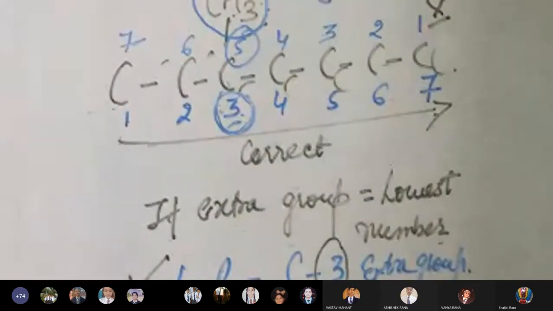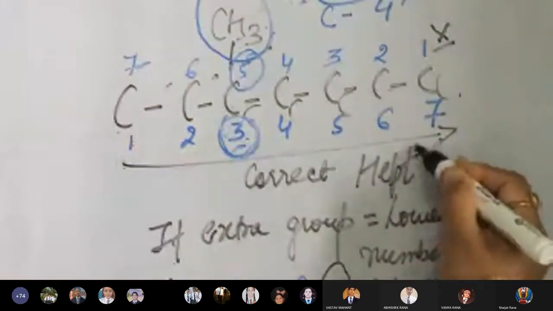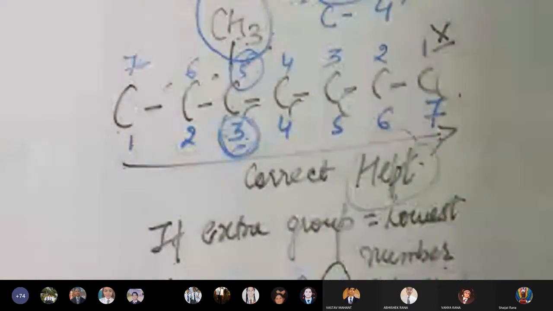Any doubt in this part? Any doubt about why we have selected carbon number 7 only, and why, out of 5 and 3 for the extra group, we have selected only carbon number 3? If I compile this now, this contains carbon number 7, so your root word is hept. For 7, the root word is hept.